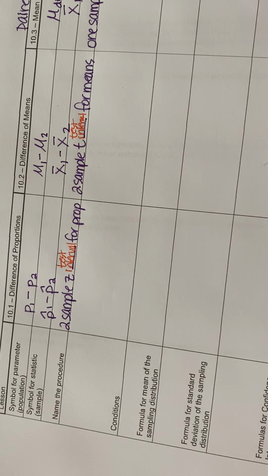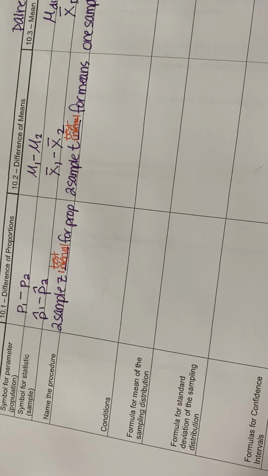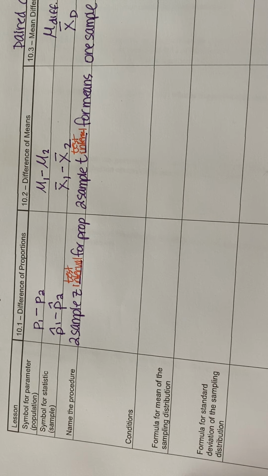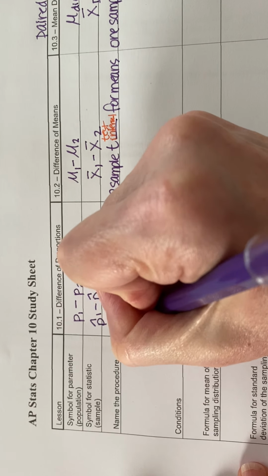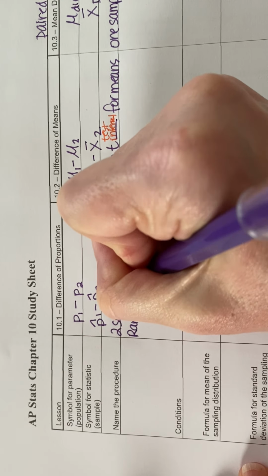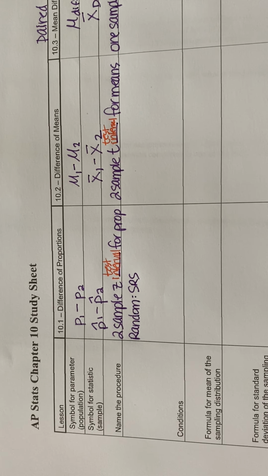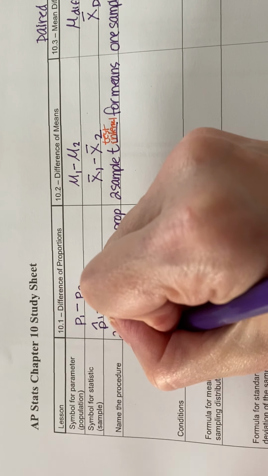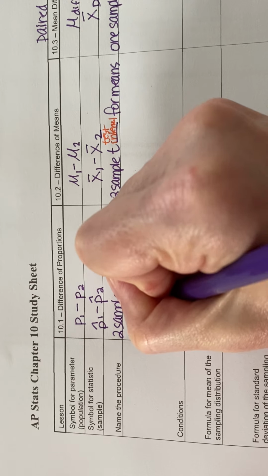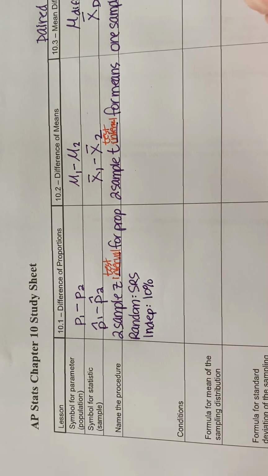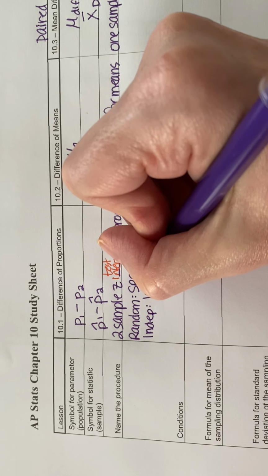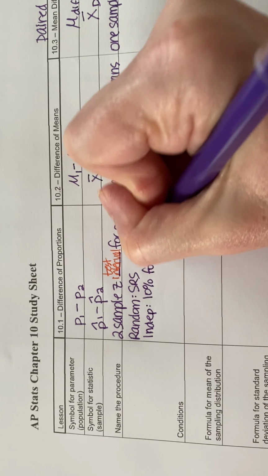All right, your conditions. So for proportions, we have our random condition. So we need our simple random sample. We have our 10% condition, which is independence. So remember, you're going to do the 10% condition for both groups.